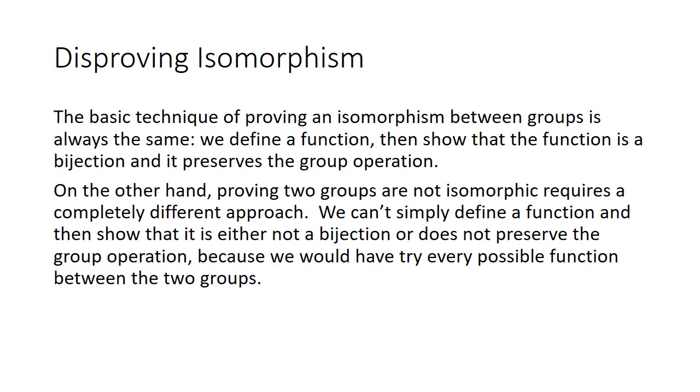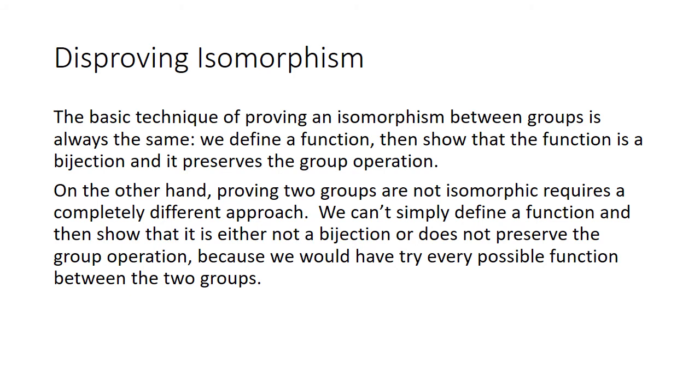Okay, so now let's talk about the concept of disproving that groups are isomorphic. So the basic technique of proving an isomorphism between groups is always the same. You define a function, and then you show that the function is a bijection and that it preserves the group operation. Now, on the other hand, proving that two groups are not isomorphic requires a completely different approach.